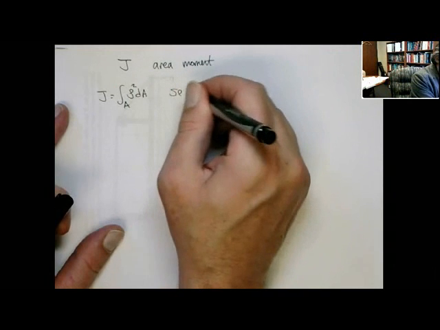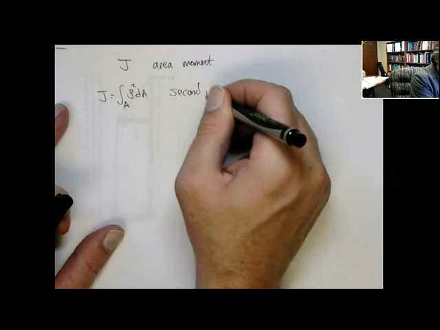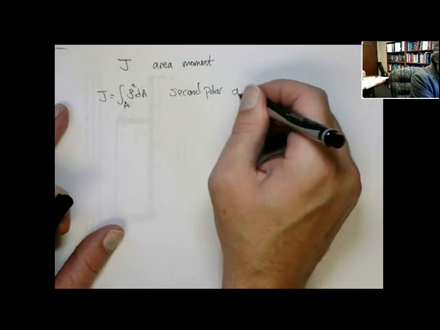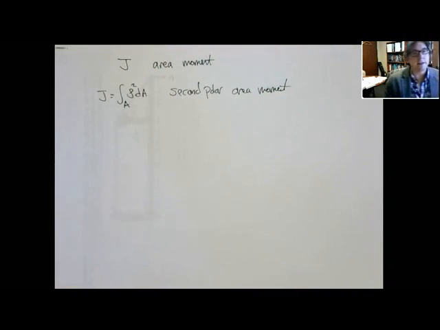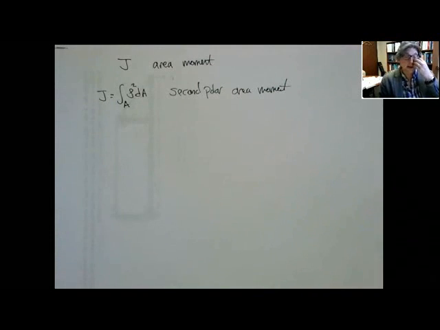This is what we call the second polar area moment. So it's not a bad idea to go over some of the tricks of where this has come from. And again, we'll see them when we talk about bending, and shear bending as well.